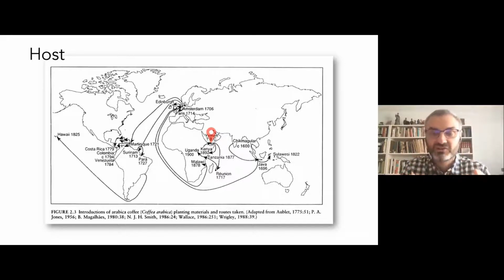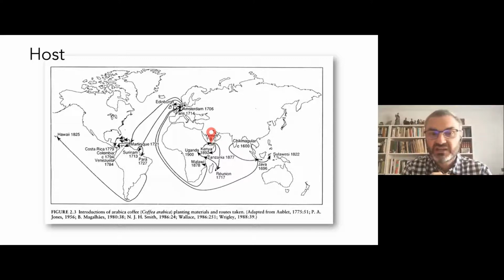So essentially what happened then is even before the age of European empires, coffee was taken to the Western Ghats of India, and likely to modern day Sri Lanka, and I think possibly to Java as well. In the 17th century, the Dutch started cultivating coffee in Java. And then in the 18th century, in particular, it was taken first to Europe and then over to the Americas.